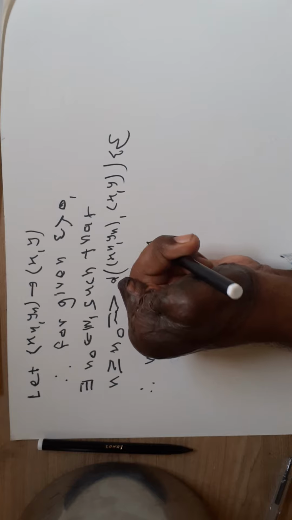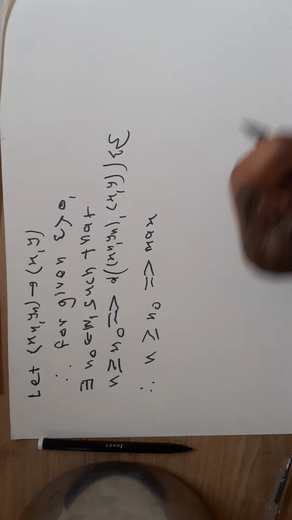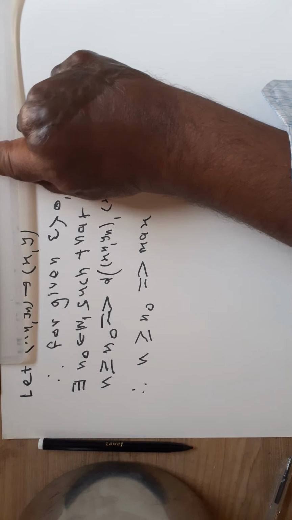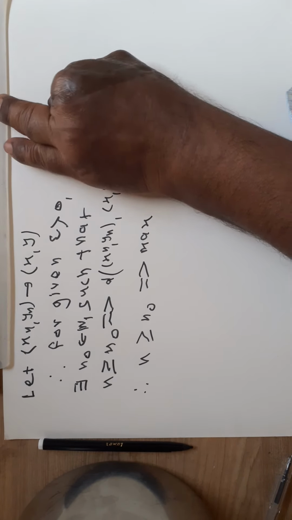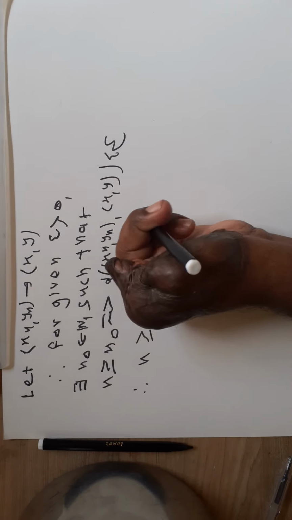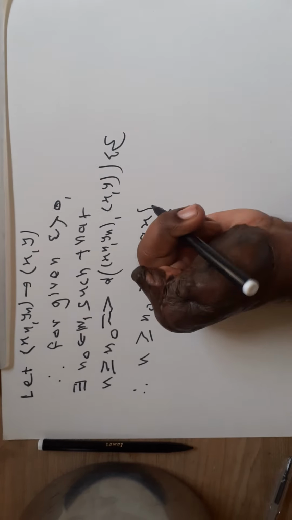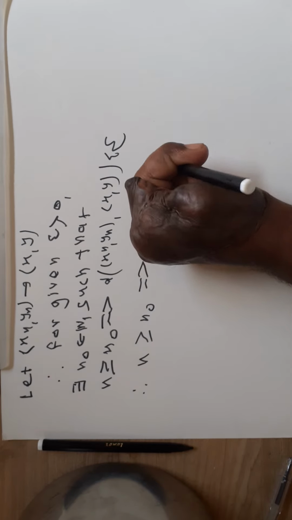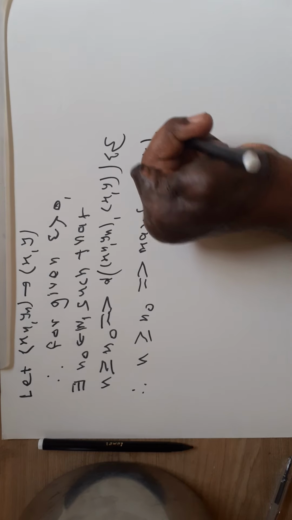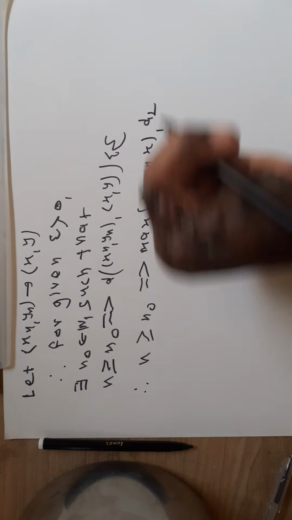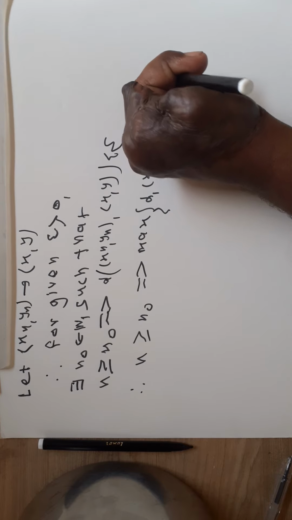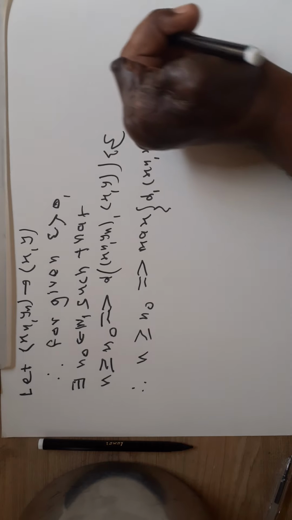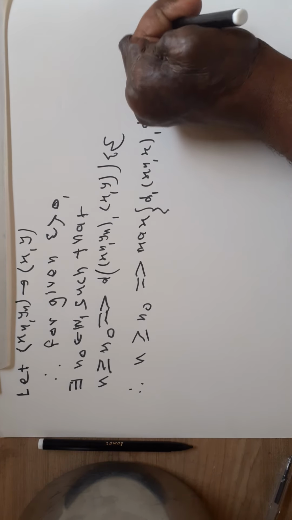It is equal to the maximum of the set d1(xn, x) and d2(yn, y), which is less than epsilon. Therefore, n greater than n0 implies the maximum of the set d1(xn, x) and d2(yn, y) is less than epsilon.